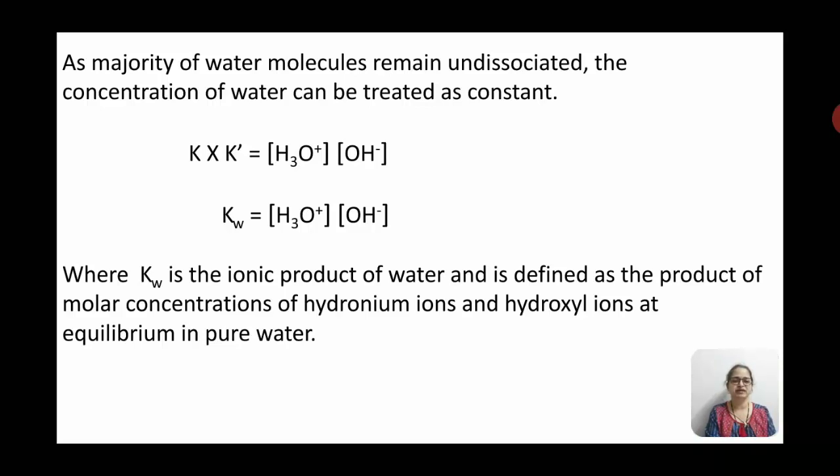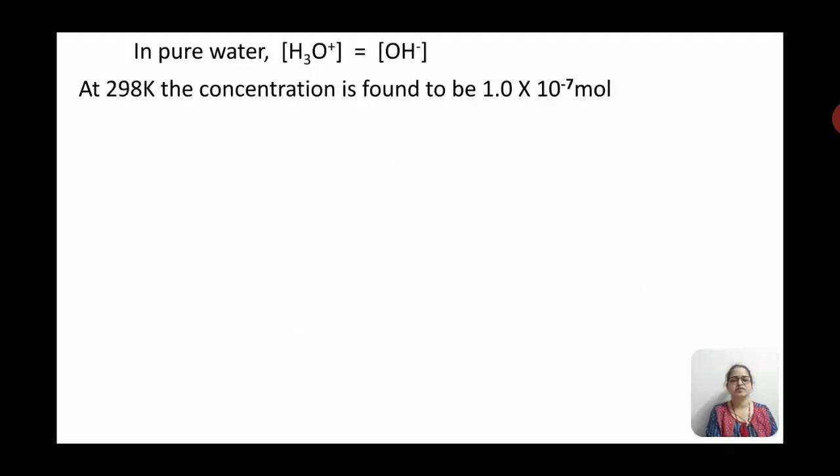and it is defined as the product of the molar concentration of hydronium ion and hydroxyl ion at equilibrium in pure water. Now, in pure water, we all know that the molar concentration of hydronium ion is equal to the molar concentration of hydroxyl ion. So, at 298 Kelvin, the concentration is found to be 1 into 10 raised to minus 7 mole.